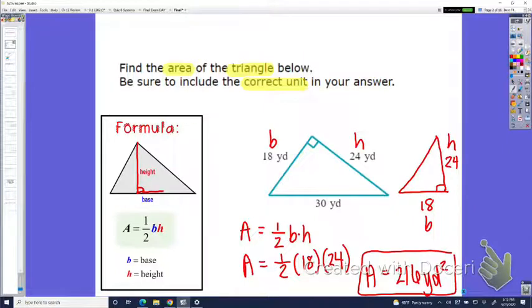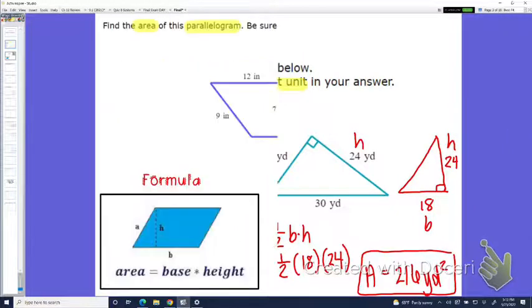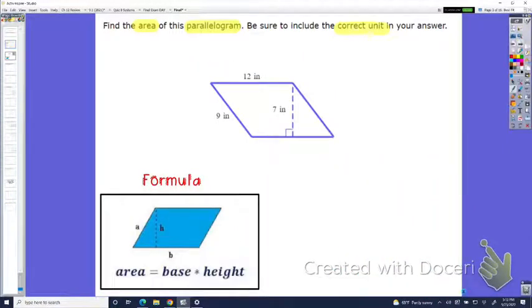The second one is the area of a parallelogram. Again, the formula is in the box here. Area equals base times height. And again, you have to be careful about the height. The height is this diagonal line that goes through the parallelogram.